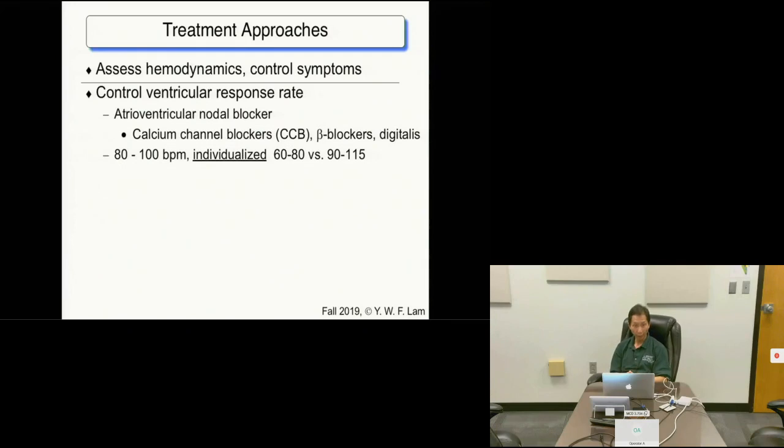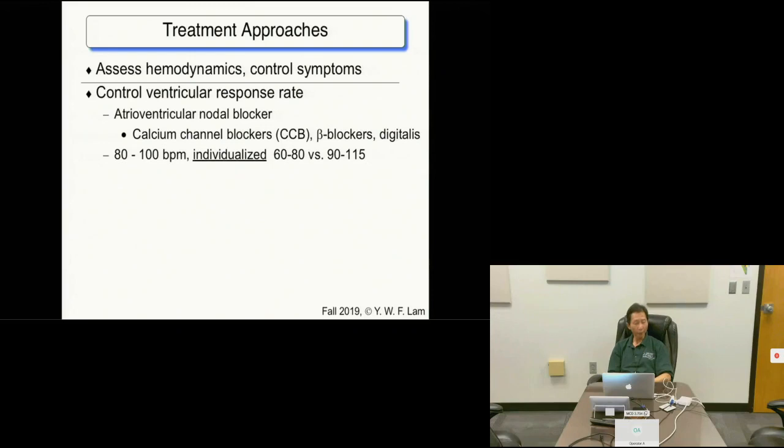This group of drugs is called atrioventricular nodal blockers, and there are three primary groups of these so-called AV nodal blockers. One is the calcium channel blockers, the other is the beta blockers, and the last one is digitalis. Every single time you initiate drug therapy in a patient, you should ask yourself, what is my treatment goal?